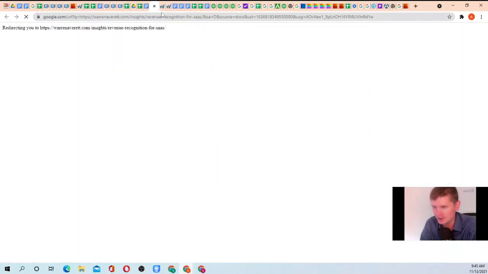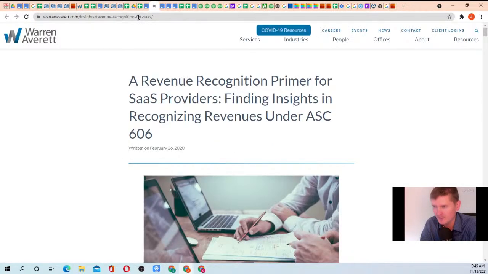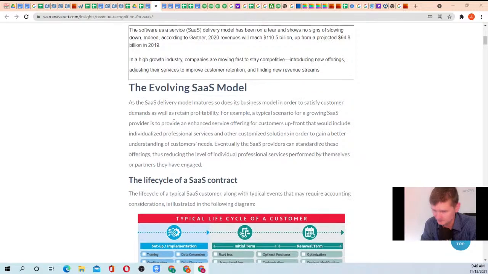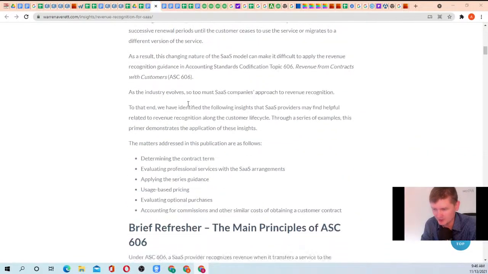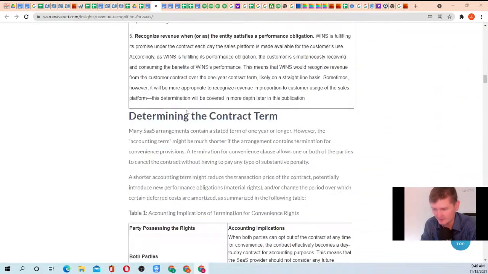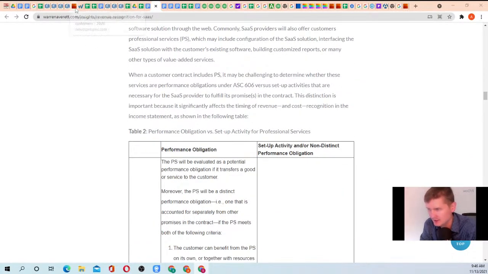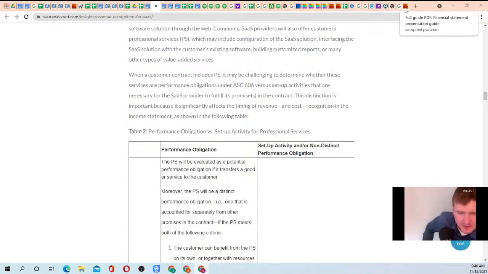So here is some example. Here some other consultants review situations similar to ours, and we also dive into primary guidance, into PwC guidance for contracts with customers.